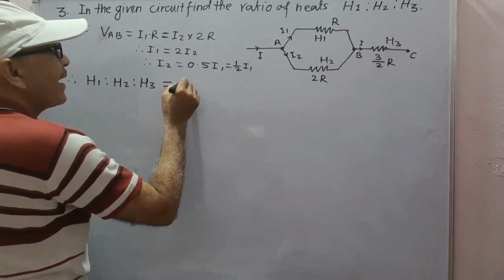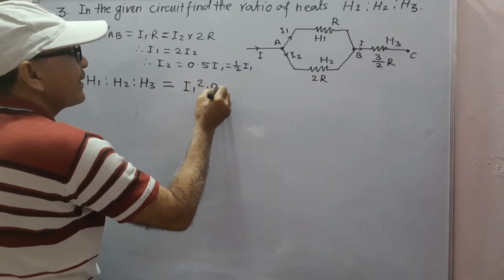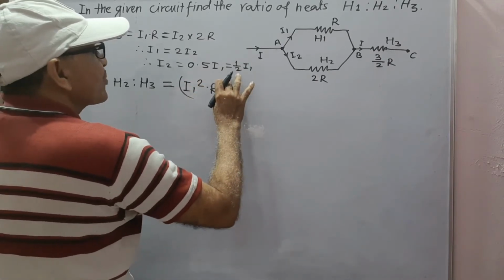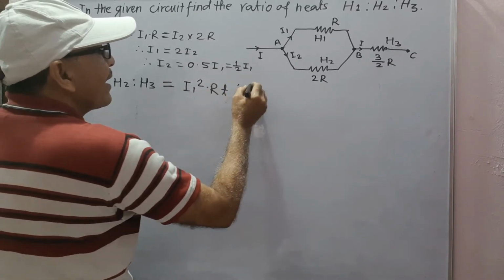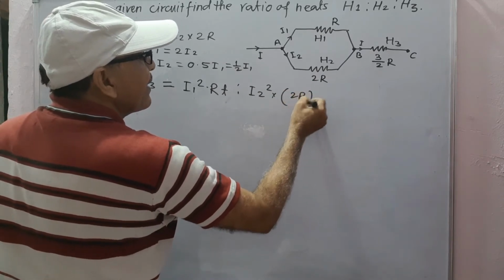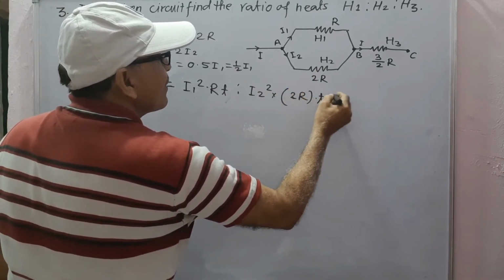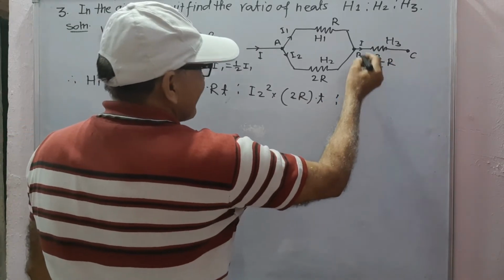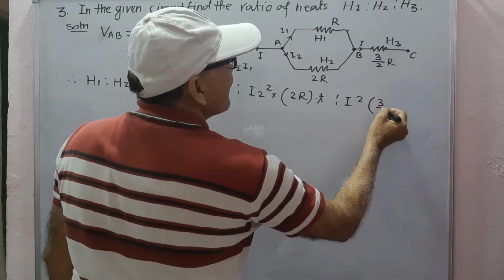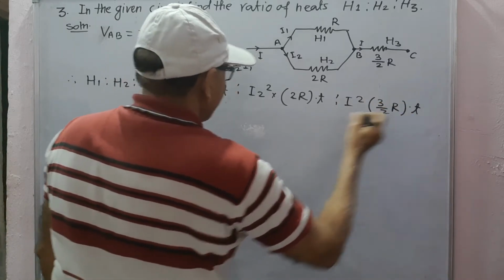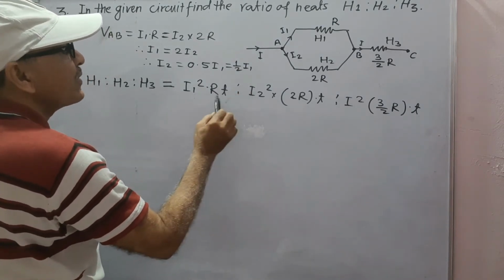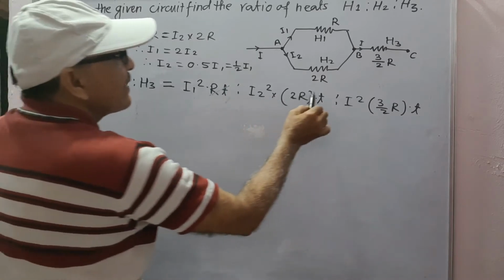H1 is I1 square RT. H2 is I2 square into 2R into T. H3 is I square into 3 by 2 R into T. Here R and T are common to all, therefore can be cancelled.